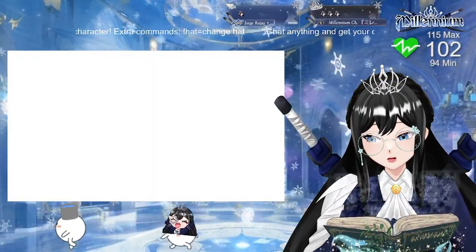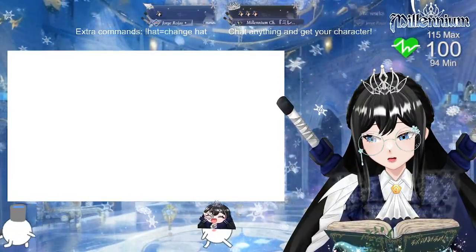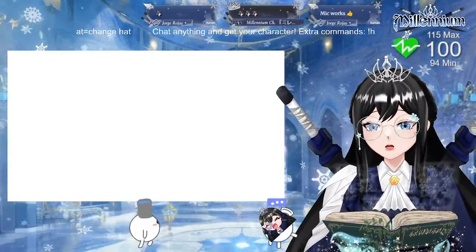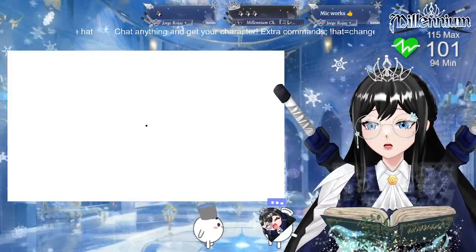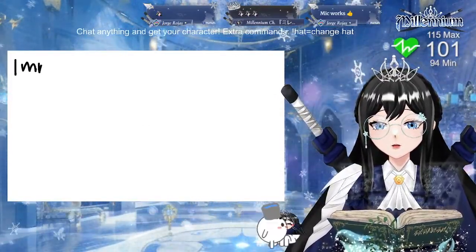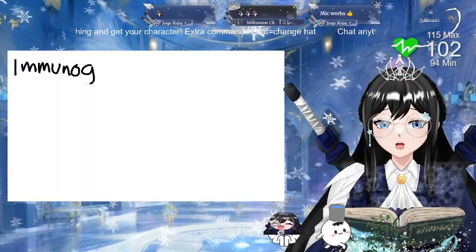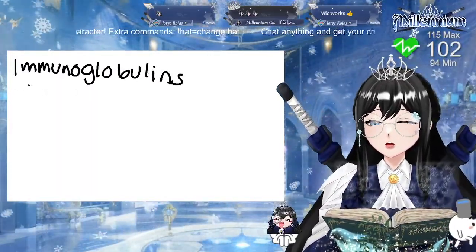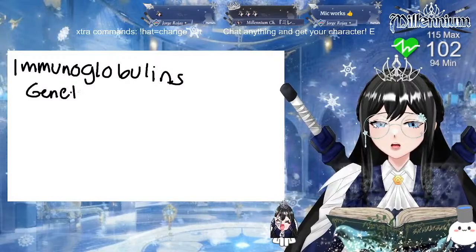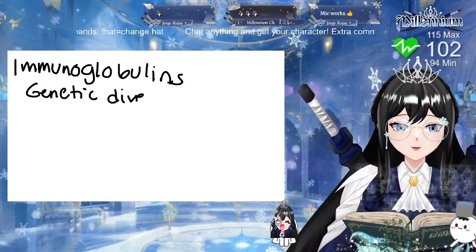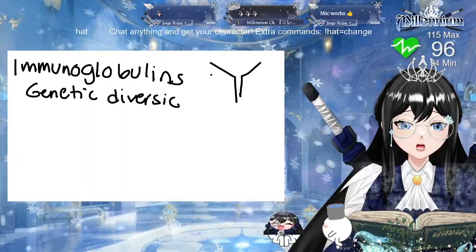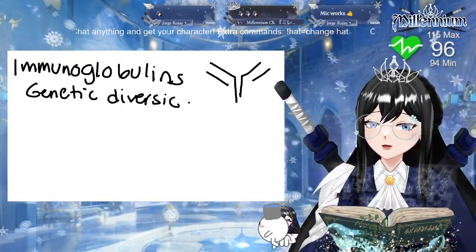Let's go. So, regarding immunoglobulins, we're talking about the genetic diversification of it. And these are the Y thingies, antibodies that you see, and it has different types.